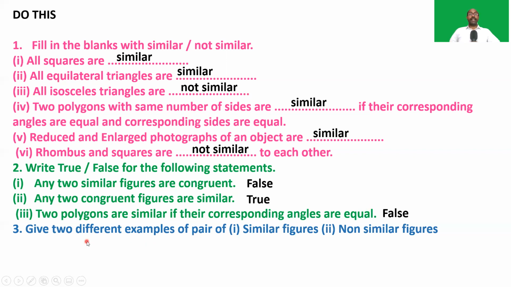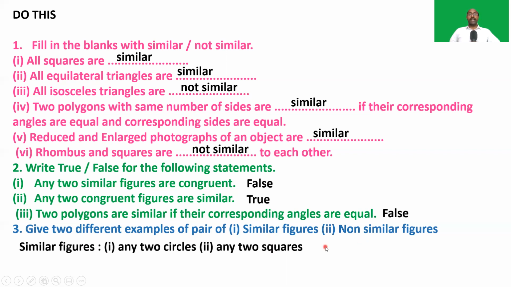Now give two different examples of pairs of similar figures and non-similar figures. For similar figures, any two circles are similar and any two squares are similar.